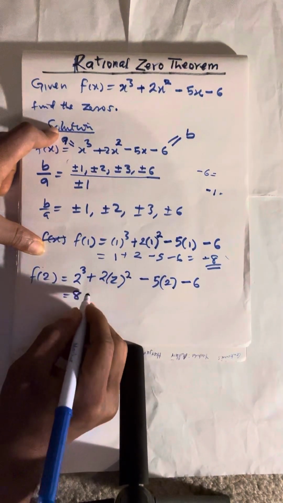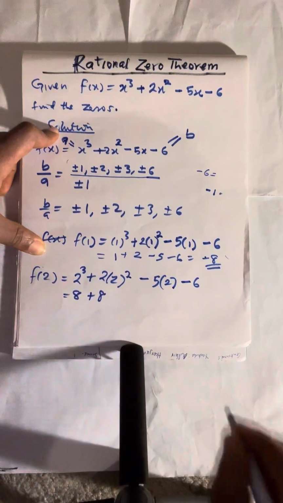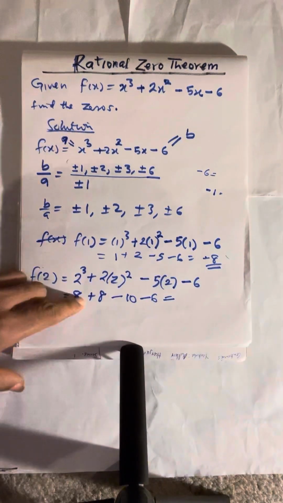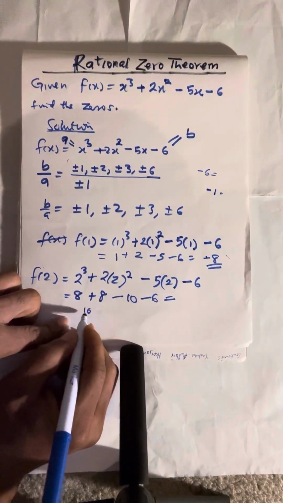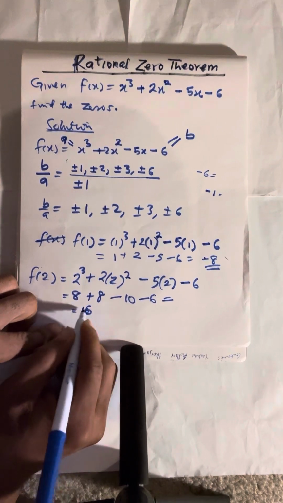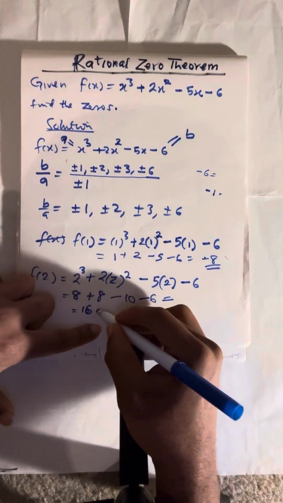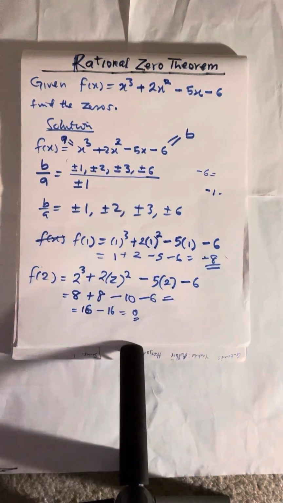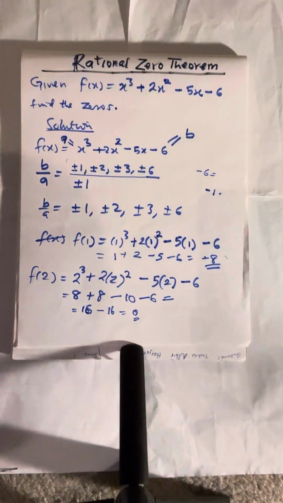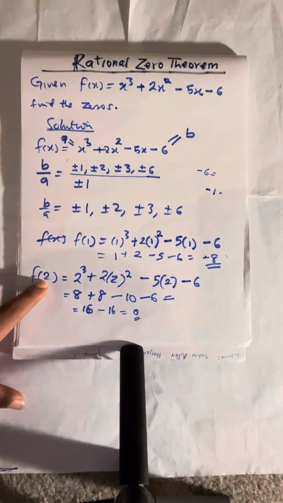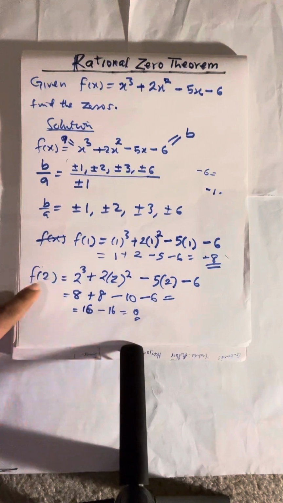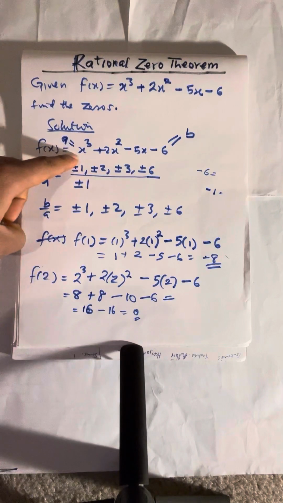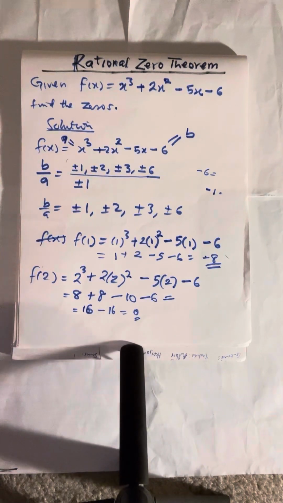That gives 8 plus 8 minus 10 minus 6. 8 plus 8 is 16, and 16 minus 16 is equal to 0. Therefore, f of 2 is a zero. Having gotten 0 here, that says that 2 is a zero of this function.